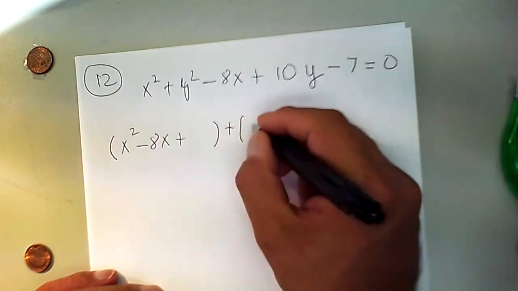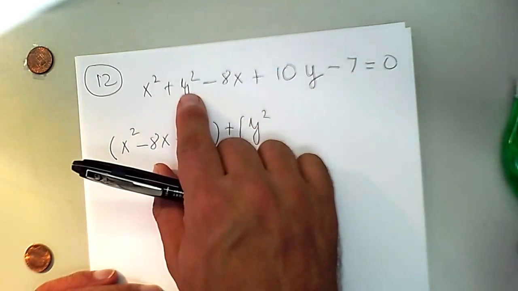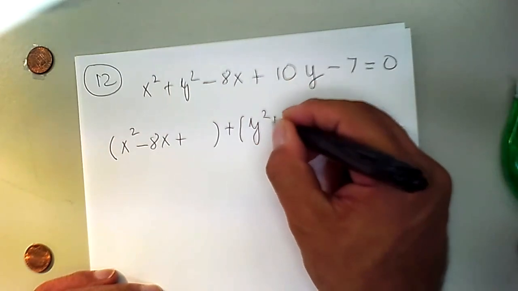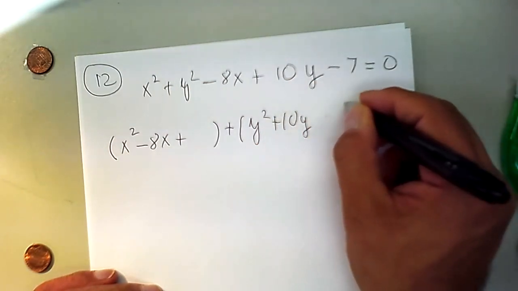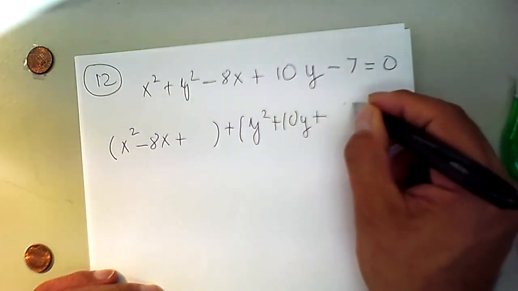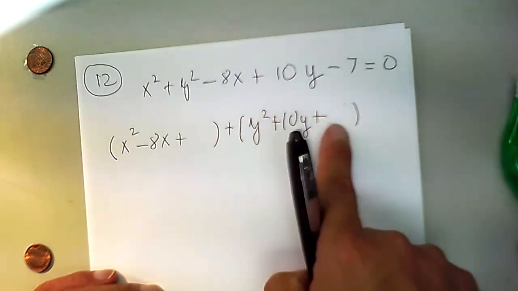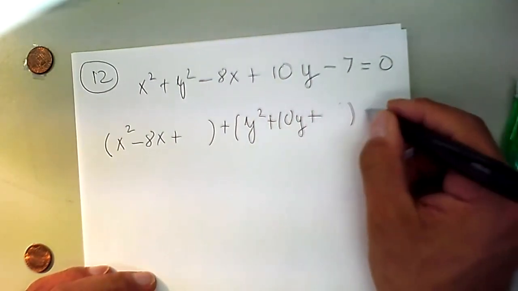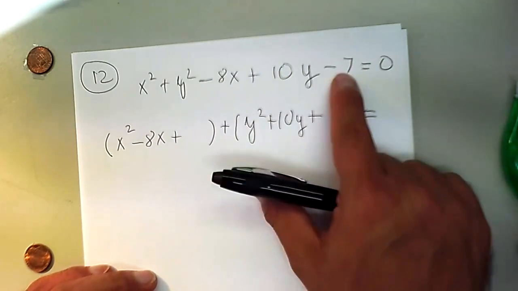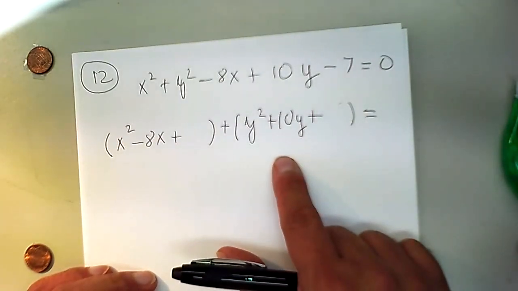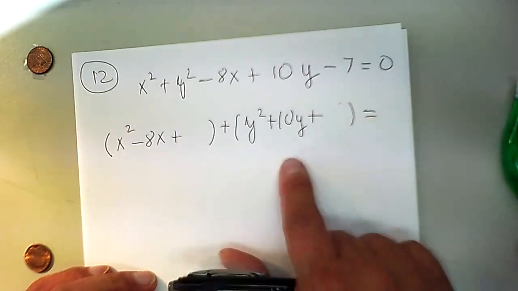Plus, do the same thing with the y's, y squared plus 10y, build a little bit of space to complete the square. The equation, I'm running out of space here. I'm going to move this, so I'm going to put the rest of the equation here. So equals 7.